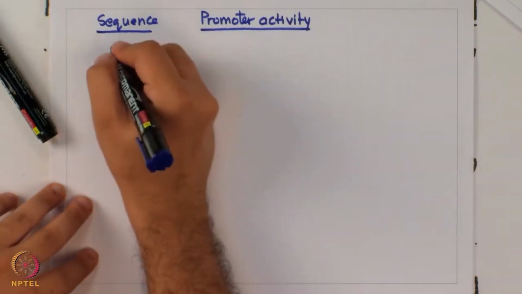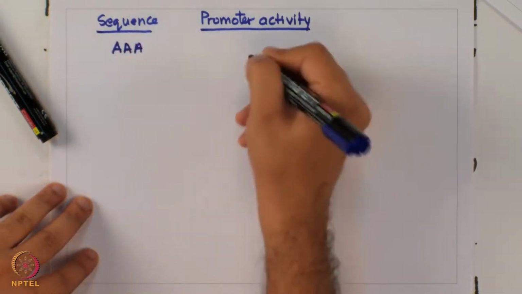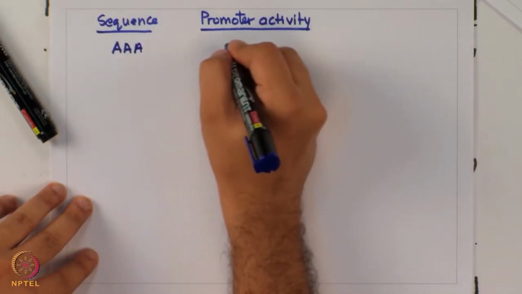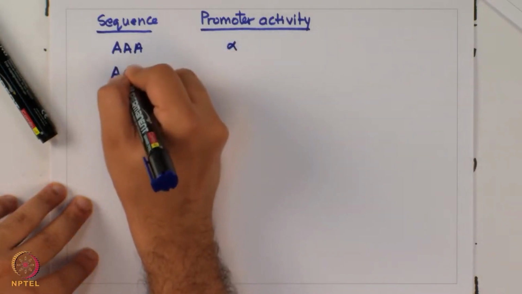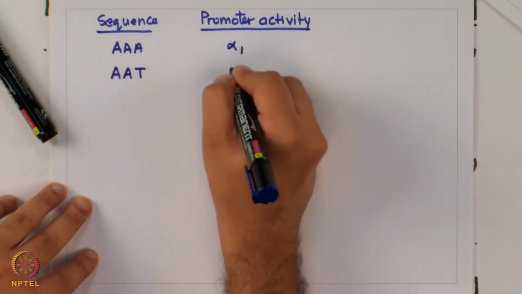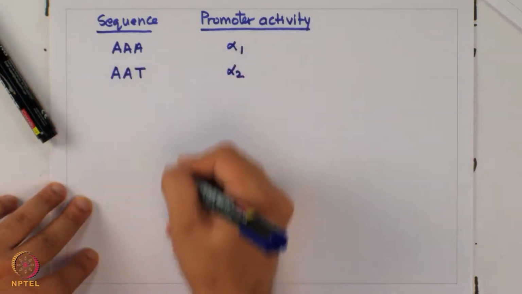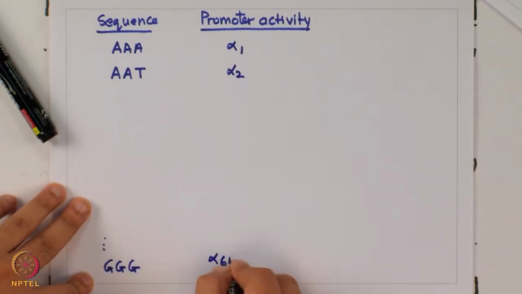So, the first sequence is AAA, and promoter activity might be measured in some units, so you have some number alpha. Then you have the next sequence AAT, let's call this alpha 1, call this alpha 2, and so on and so forth, and you end up with the 64th one, which is say GGG, alpha 64.